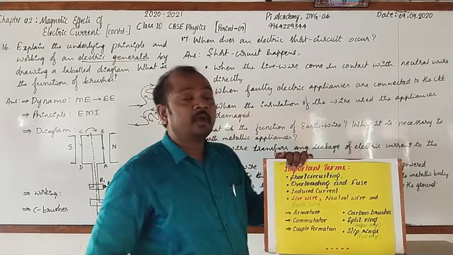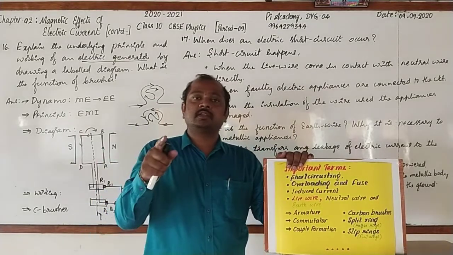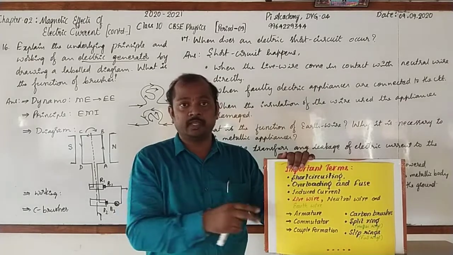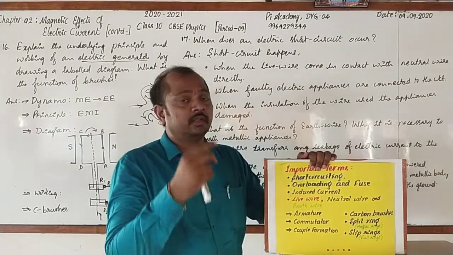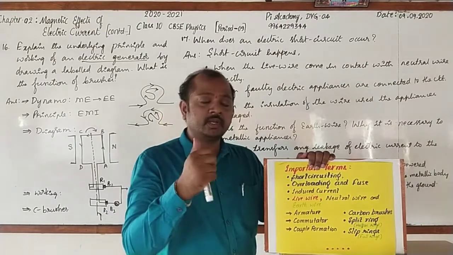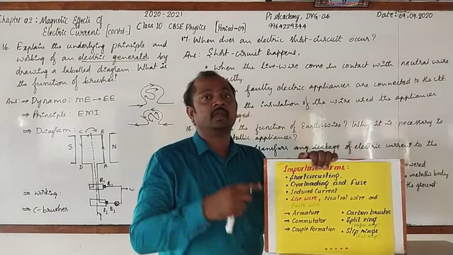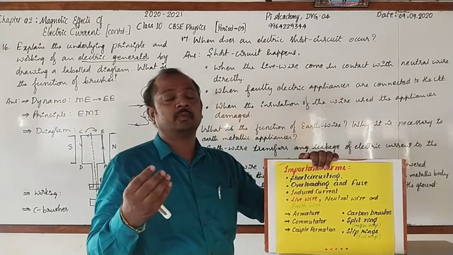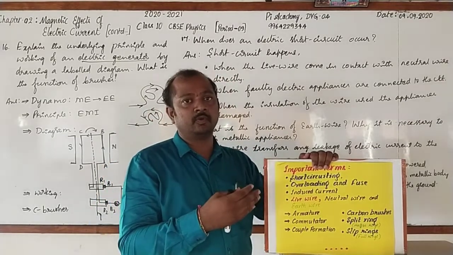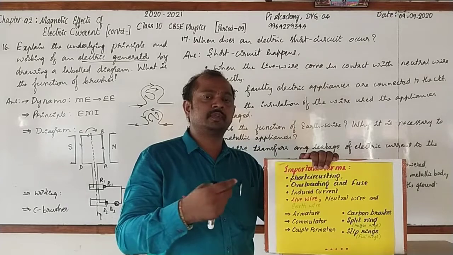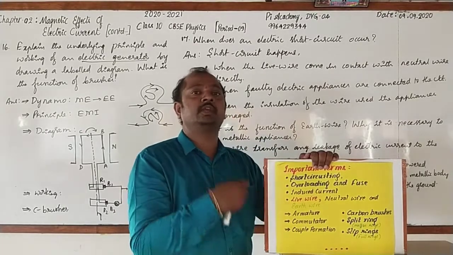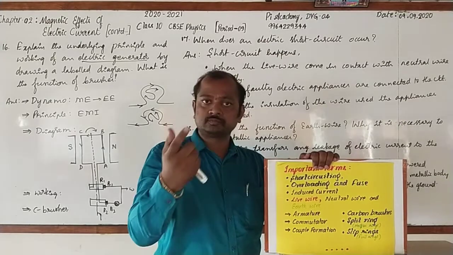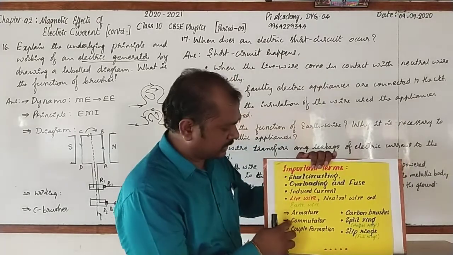Look here, armature, it is a rectangular coil of insulated copper wire, and then what is its function? It will increase the capacity of the motor as well as dynamo. It will increase the capacity of the dynamo by rotating. It will increase the capacity or power of the motor again by rotating.